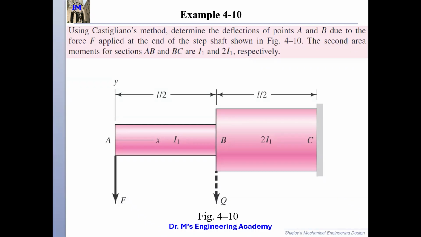And then delta B equals the two different equations for the two different intervals. Here is the first interval, the left half, from 0 to half L. We put this Fx here; you still use that equation.